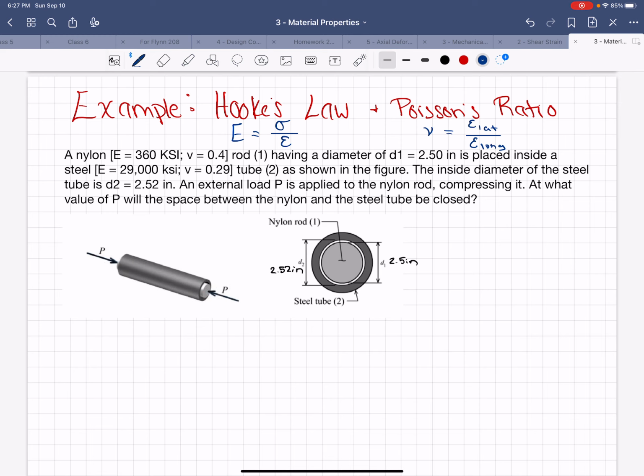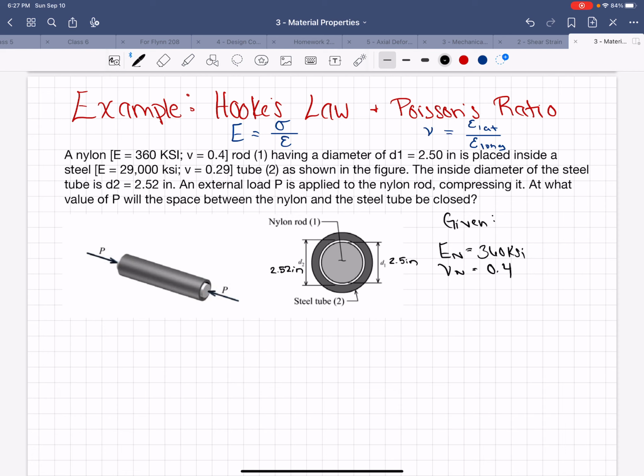Okay, so now this problem. We talked about how cool this problem is. We have a nylon that has an elastic modulus. As I read this problem, I'm going to start writing my givens. So I have E of the nylon equals 360 KSI. I have the Poisson's ratio of the nylon is 0.4.